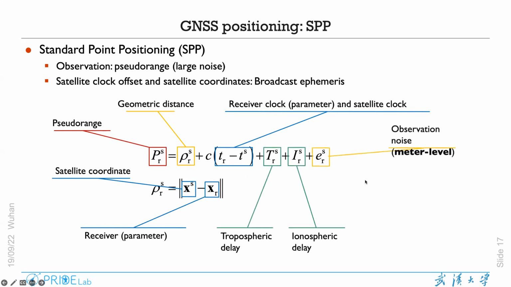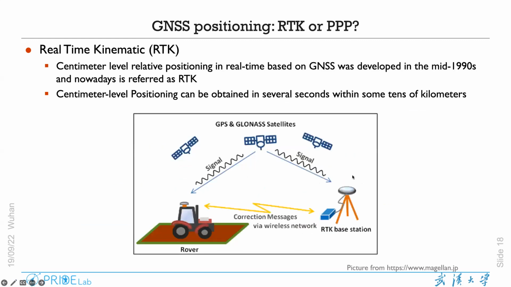All right, so then we come to precise positioning using GNSS. The first one, the traditional one, is RTK, which is based on a baseline, so it uses the relative positioning technique. The most important thing to note is that we need to use carrier phase measurements instead of pseudo-range measurements to do RTK, to have centimeter level or even millimeter level precision.